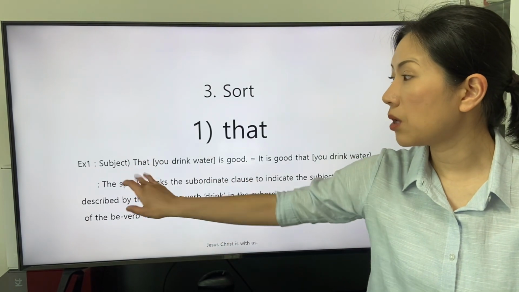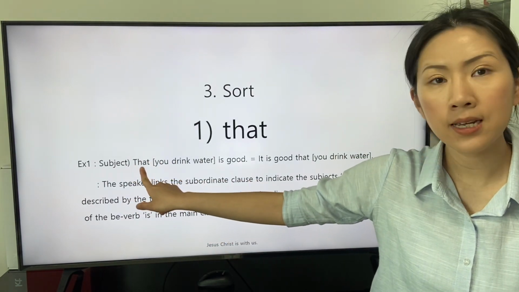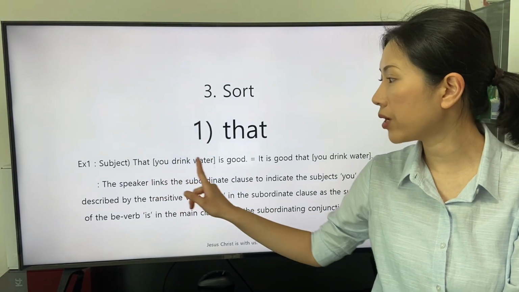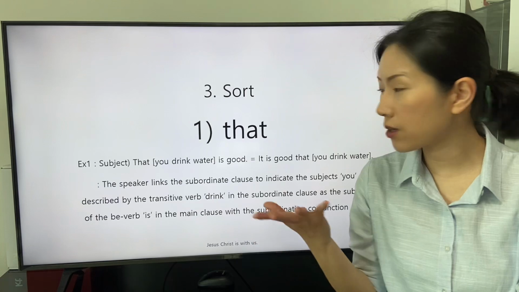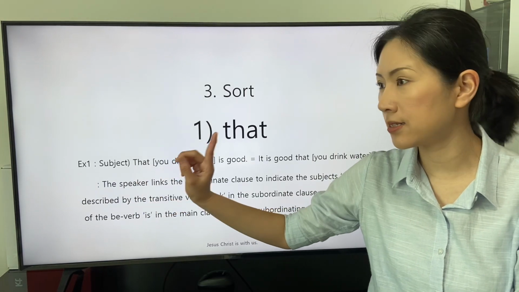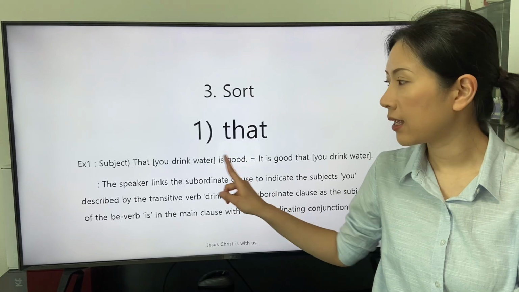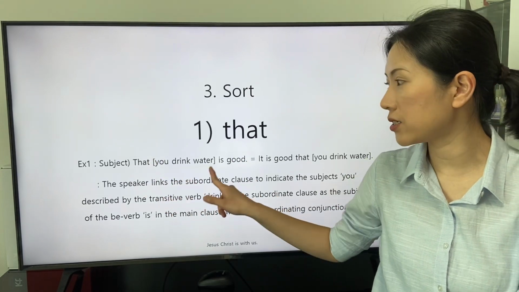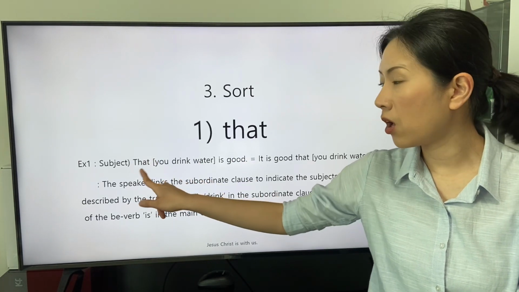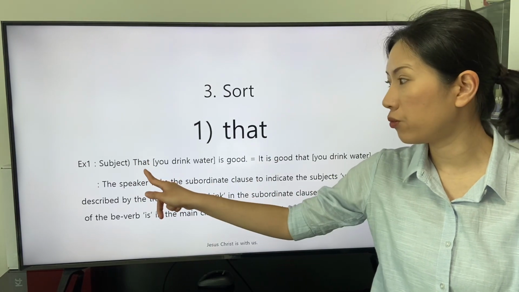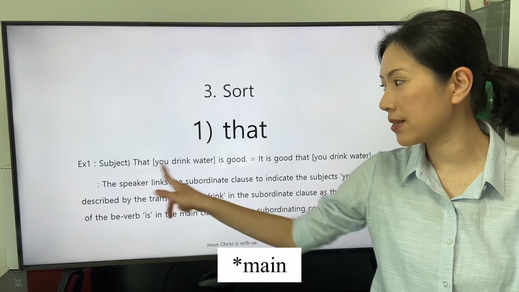The subordinating conjunction that indicates the entire subordinate clause, you drink water. So we can consider the main clause is this: that is good. And the subordinate clause is this: you drink water. The subordinating conjunction that as a pronoun practices the role as the subject in this clause.